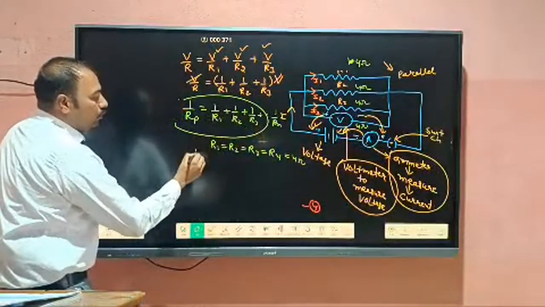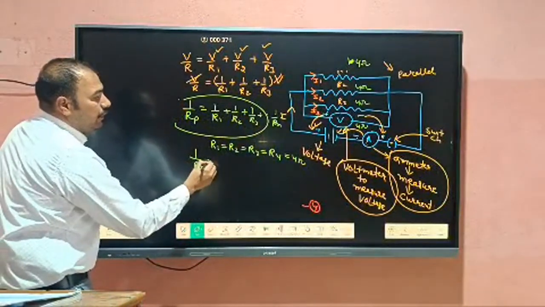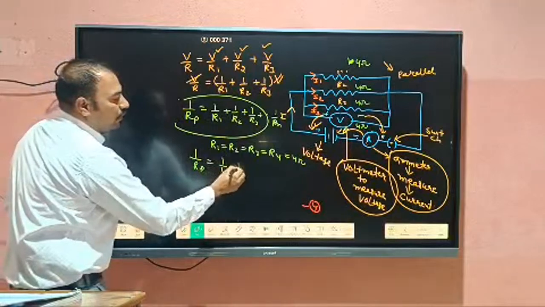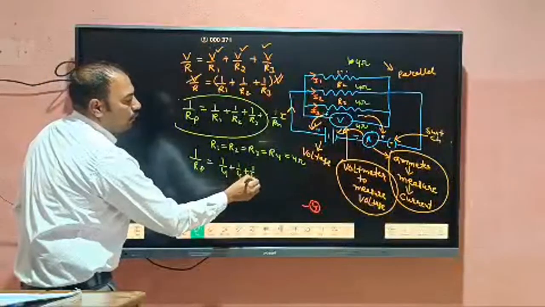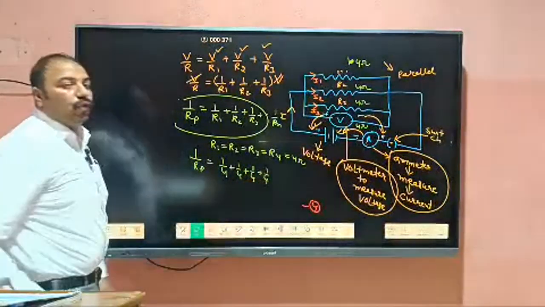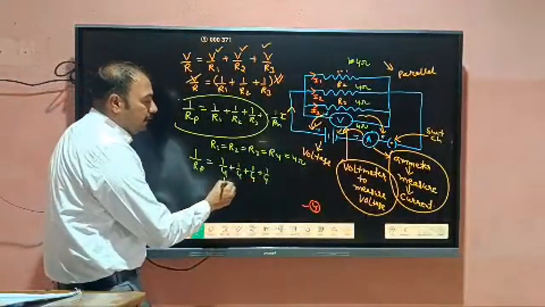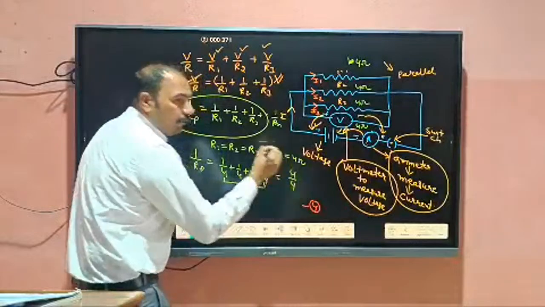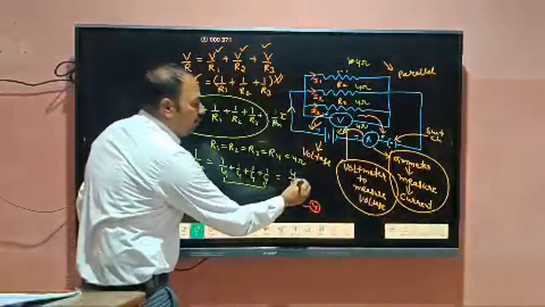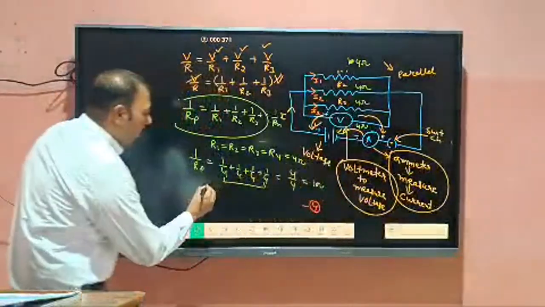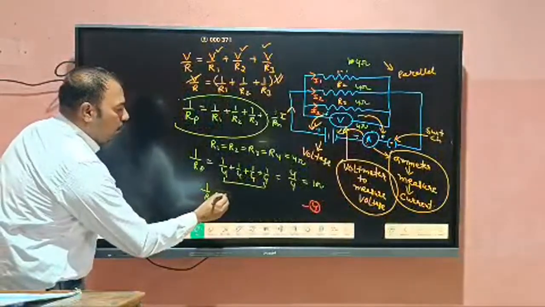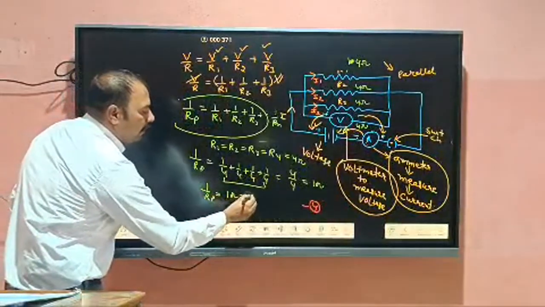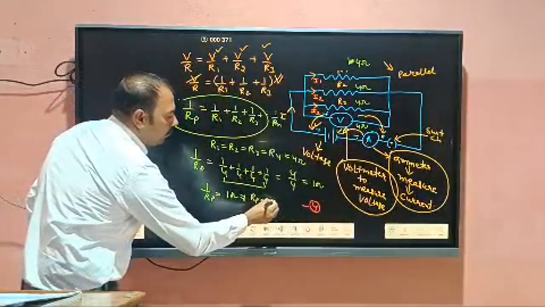So 1 by Rp is equal to 1 by 4 plus 1 by 4. Taking the LCM, this is 4 by 4, which is equal to 1 ohm. So 1 by Rp is equal to 1, and this implies Rp is equal to 1 ohm.